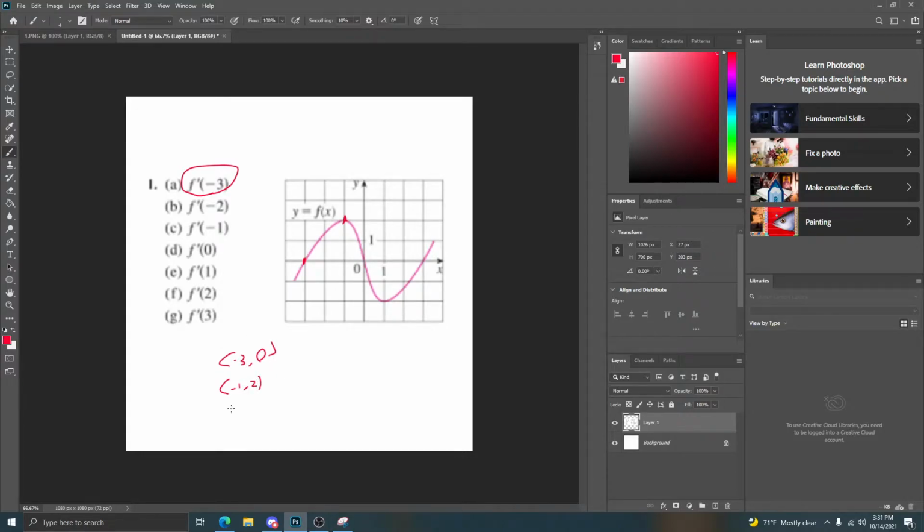And so at these points, you can do y2 minus y1 over x2 minus x1, and you can get 2 over 2, and so you'd have a slope of 1.